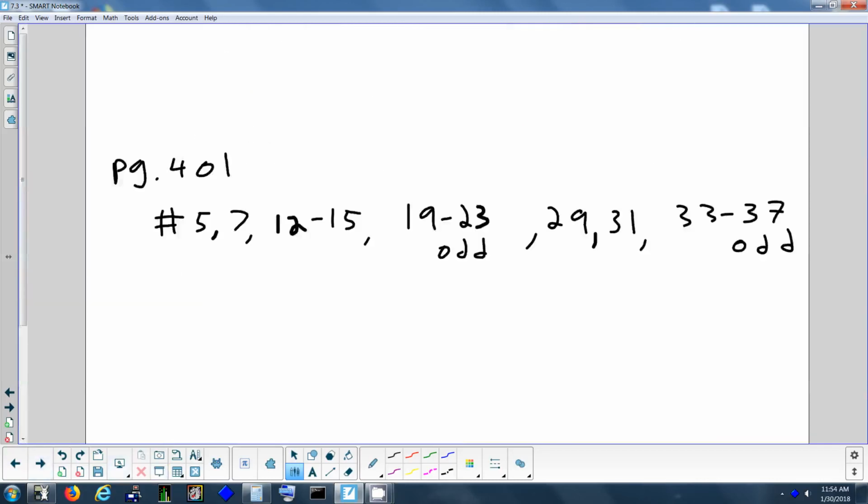Okay, so homework tonight, pretty much every question you do need a graphing calculator, so if you don't have one, you're not going to be able to do it. Okay. So homework's on 401. It's 5, 7, 12 to 15, that's all. But the rest is odds. 19 to 23.